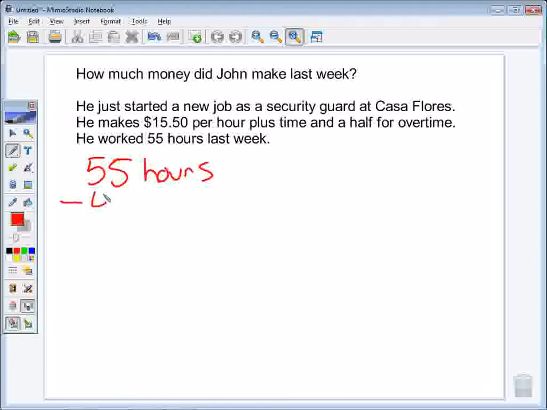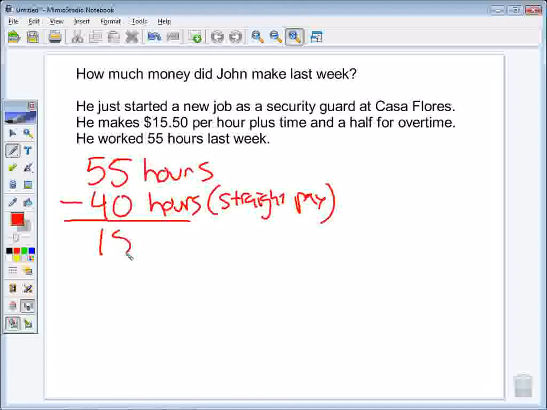We're going to subtract 40 hours at what we call straight pay. And that's going to give me 15 hours of overtime. So he has 15 hours of overtime.